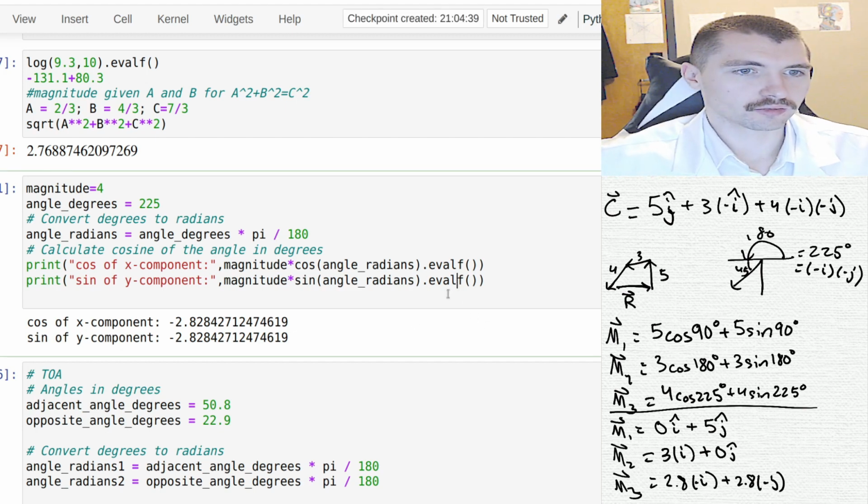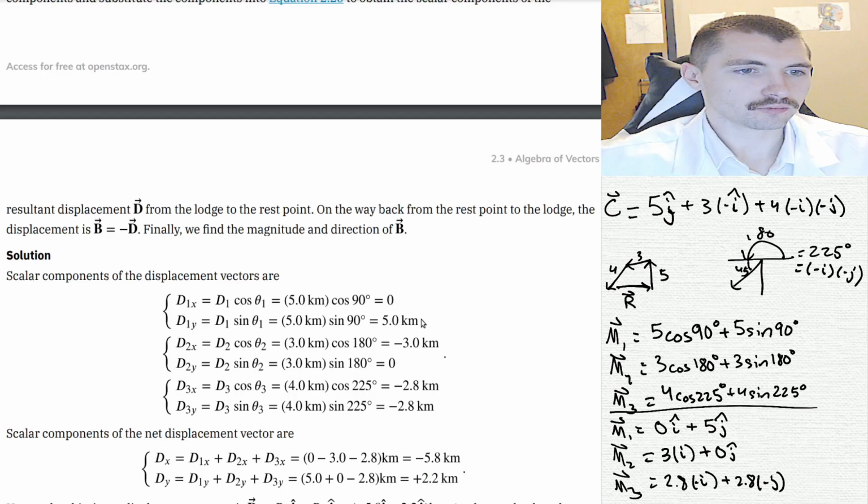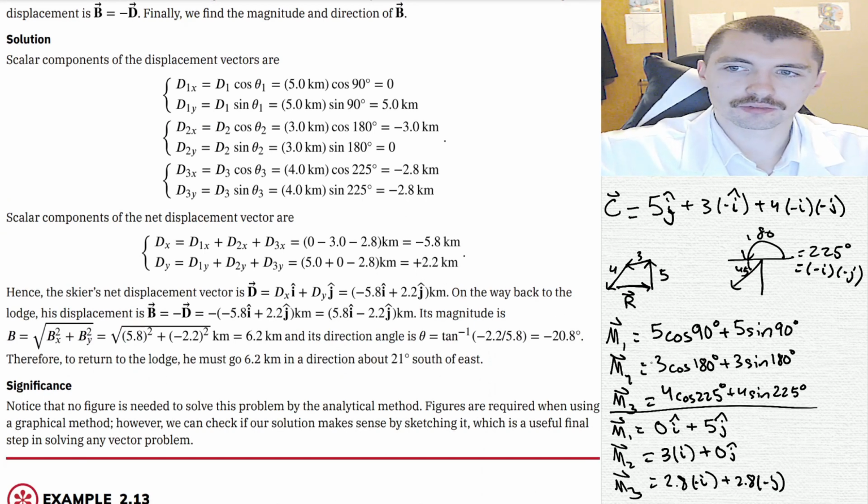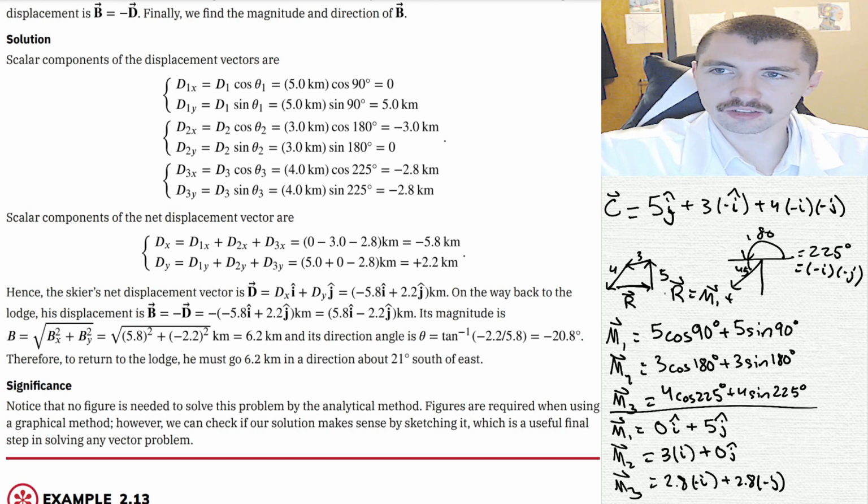So R is going to be M1 plus... so it's gotta be negative, right?